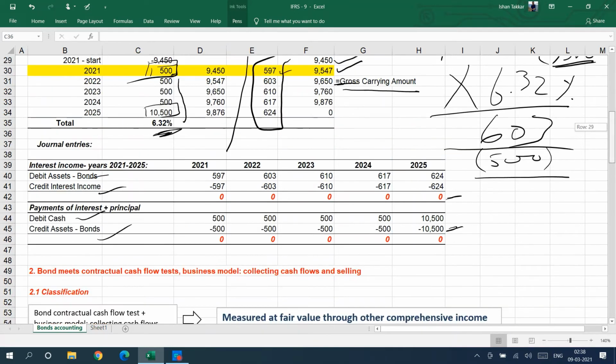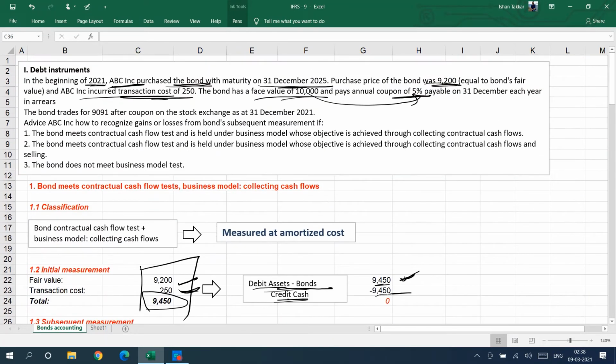But one more thing: if you have another piece of information, that at the end of year one the value of the bond is 9091, is it any relevant information when you are doing the amortized cost accounting? Even if it reaches 1 million or 10 million or zero, we are not bothered, because we don't want to sell it. We will keep showing it at amortized cost.